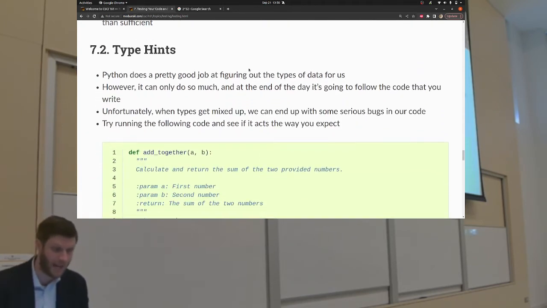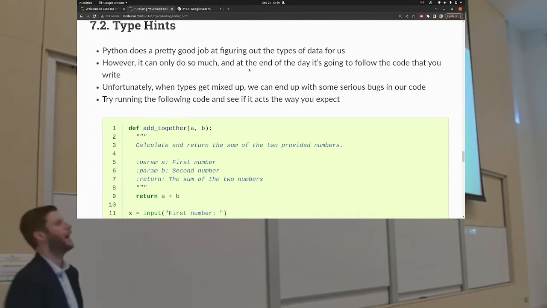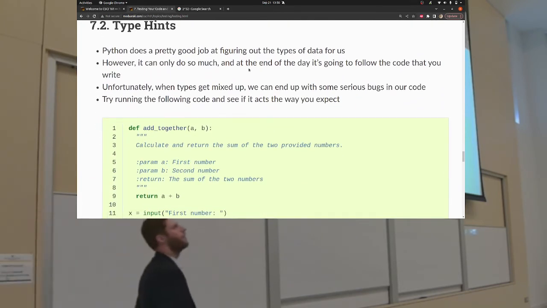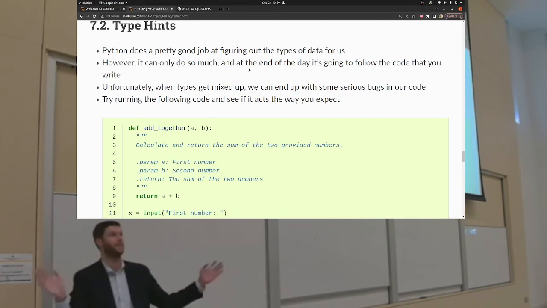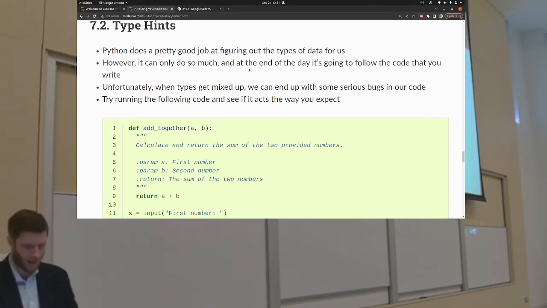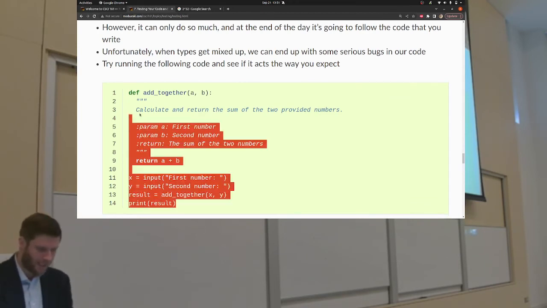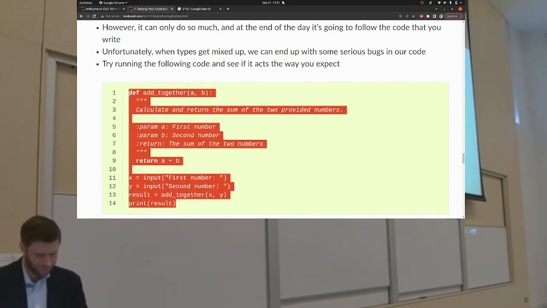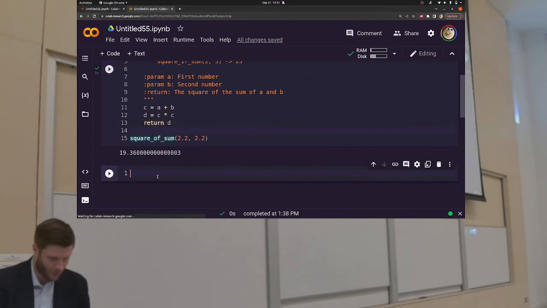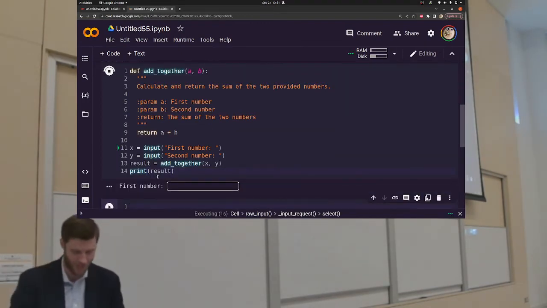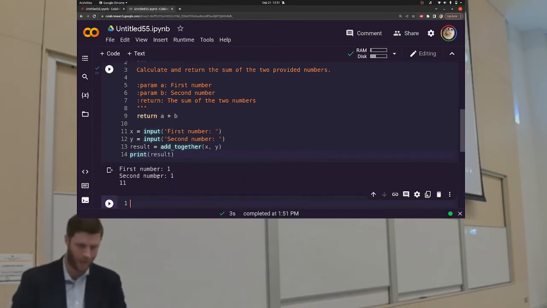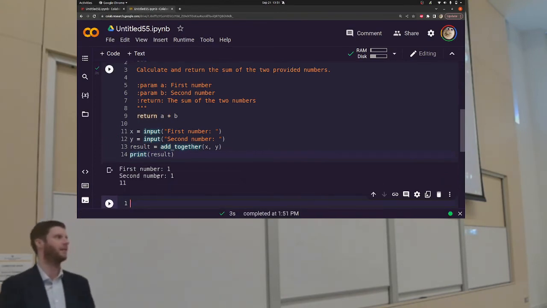Now, type hints. Python does a decent job at figuring out what the types are based on the context and everything. We've seen this since like the first day of class when we talked about types. Maybe that was the second day of class. But the trouble is, if I have this code right here, and I know I've shown you this before. First number 1, second number 1, the output's 11.